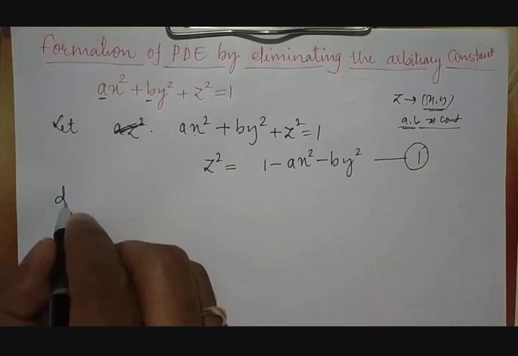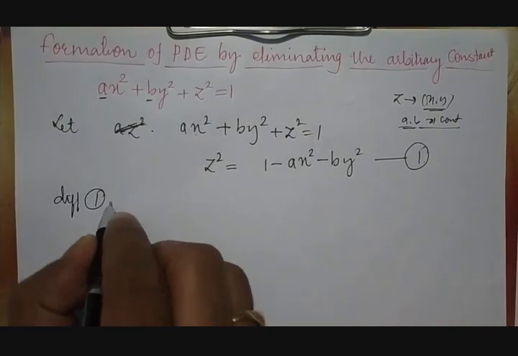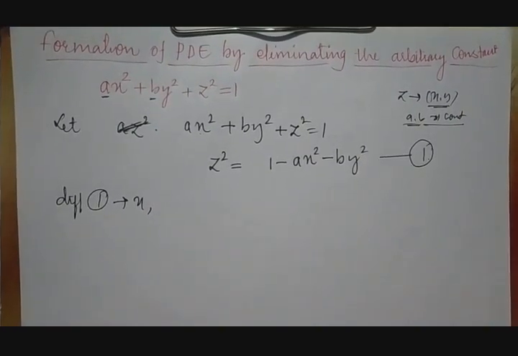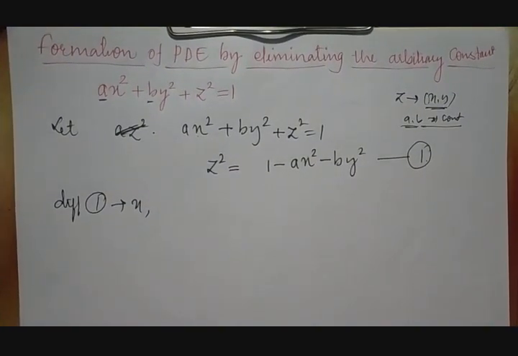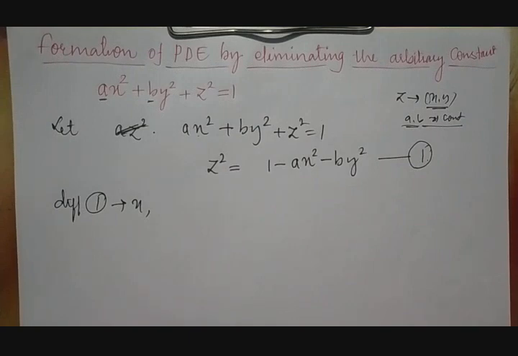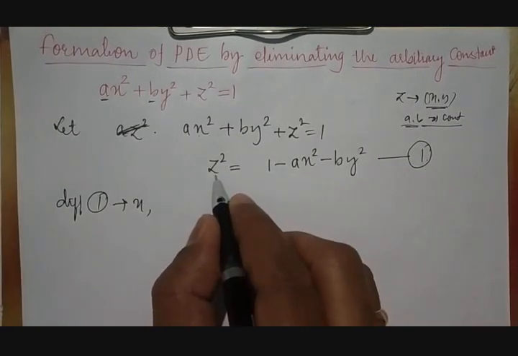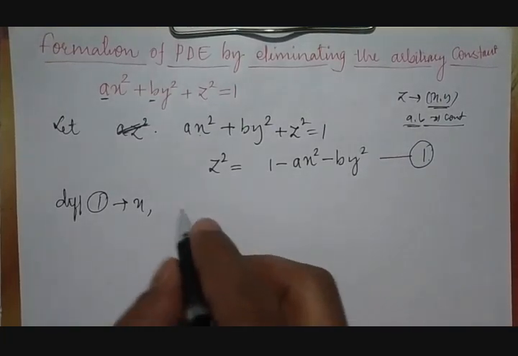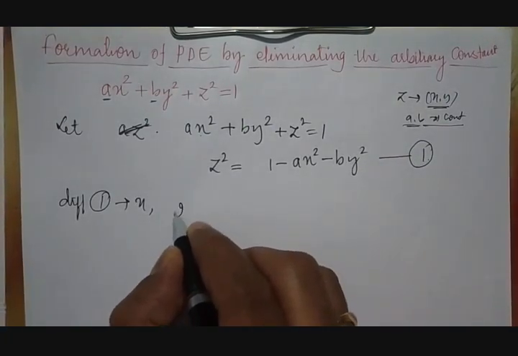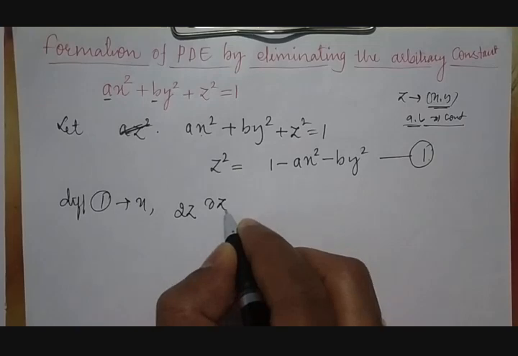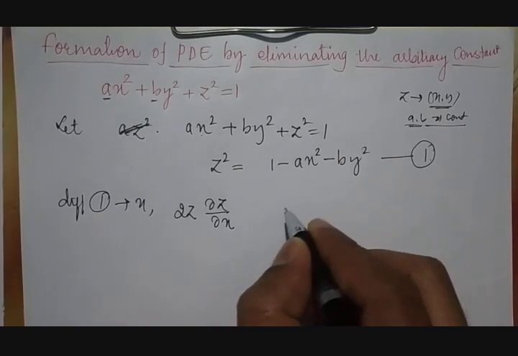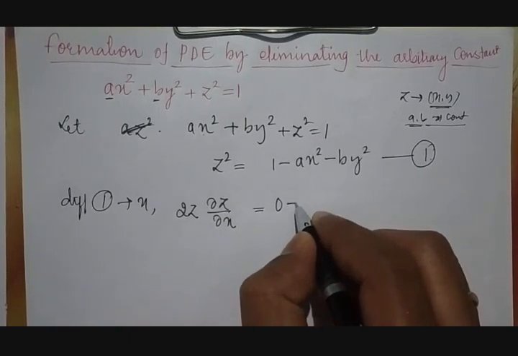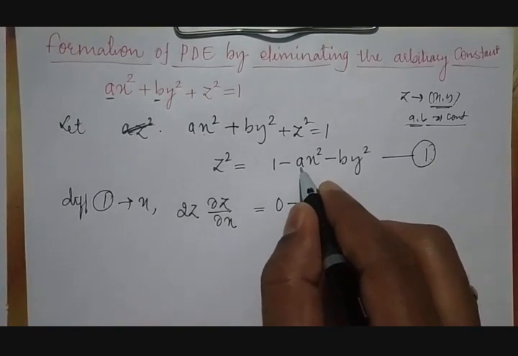First we'll differentiate equation number 1 with respect to x partially, treating y as a constant. So differentiation of z square becomes 2z into dou z by dou x, which is equal to differentiation of 1 which is 0, minus differentiation of a into x square.